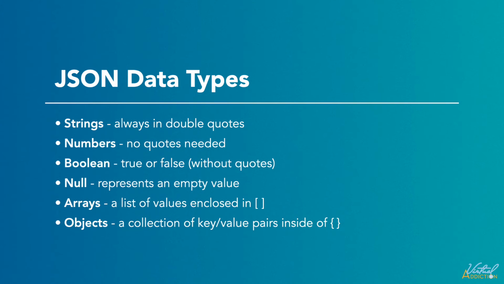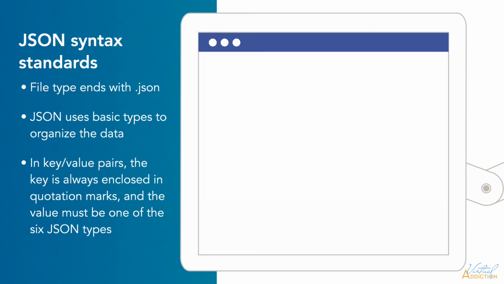As I stated earlier, JSON uses basic types to organize the data, including strings, numbers, Boolean values, arrays, null statements, and objects. In a key value pair, the key is always a string that's enclosed in quotation marks, and the value must be one of the 6 JSON value types that I've just mentioned.